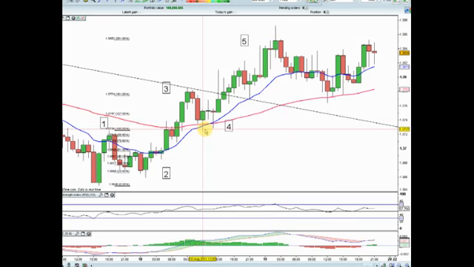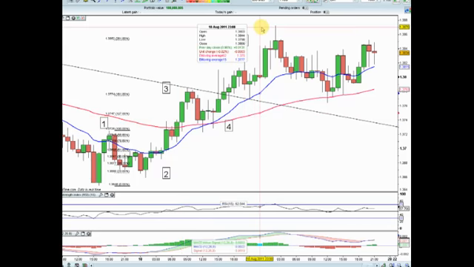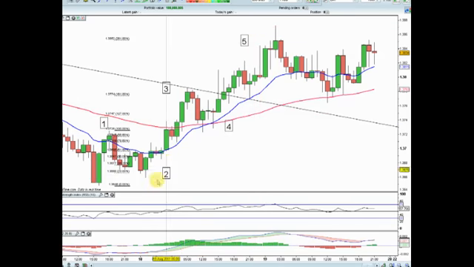So the impulse waves, which are 0 to 1, 2 to 3 and 4 to 5, should be made up of 5 internal waves. Corrective waves, as in all chart formations really, should be made up of 3 waves.